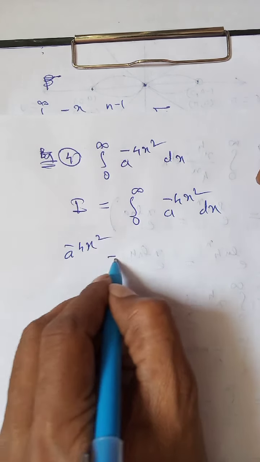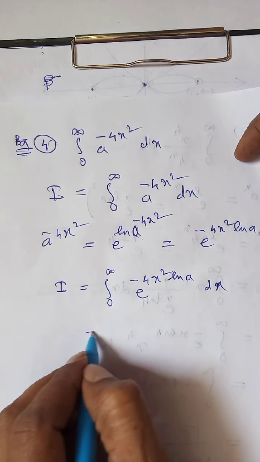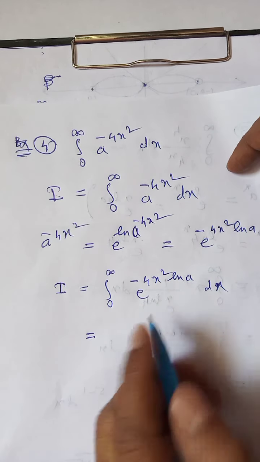So we'll substitute this value here. So I is equal to integral from 0 to infinity e to the power minus 4x square ln a dx.